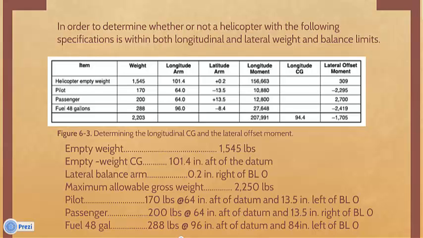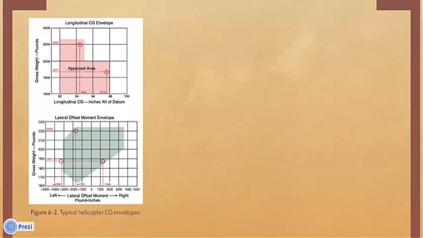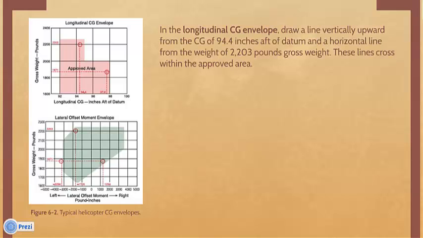In the longitudinal CG envelope, draw a line vertically upward from the CG of 94.4 inches aft of the datum, and a horizontal line from the weight of 2,203 pounds gross weight. This line crosses within the approved area.